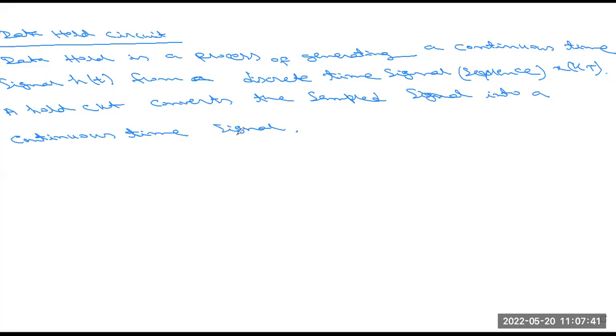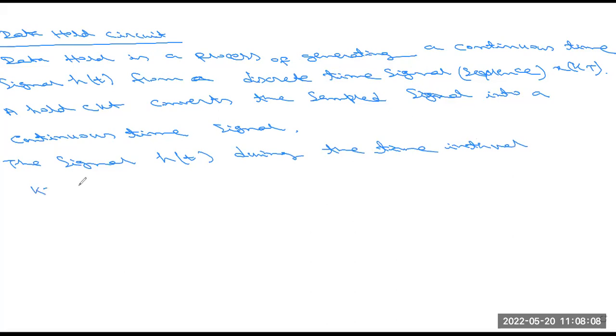Okay, and these signals are available in a range. The signal h(t) during the time interval kT less than or equal to t less than (k+1)T is expressed as a polynomial.